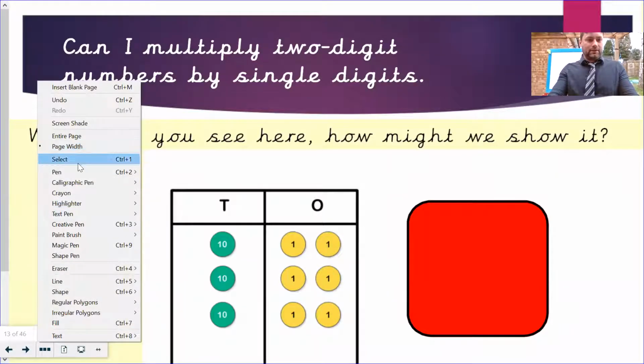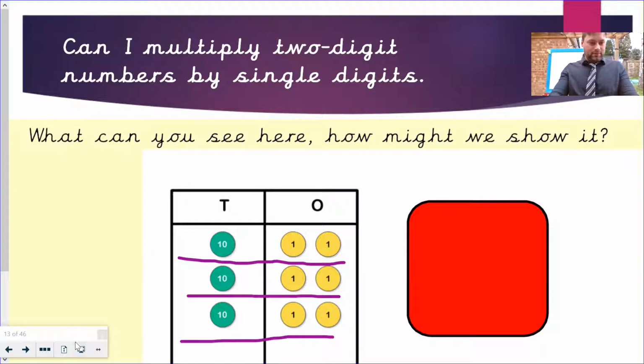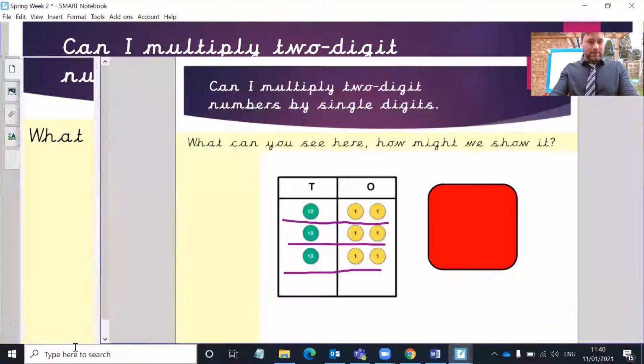what's happened? I've clicked something and something's changed. If we were to draw a line, oh, that's a really good line, that one. Maybe I should go quick.